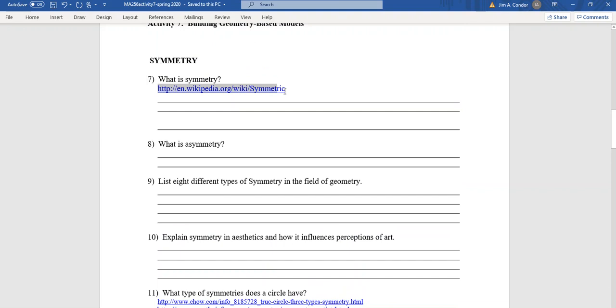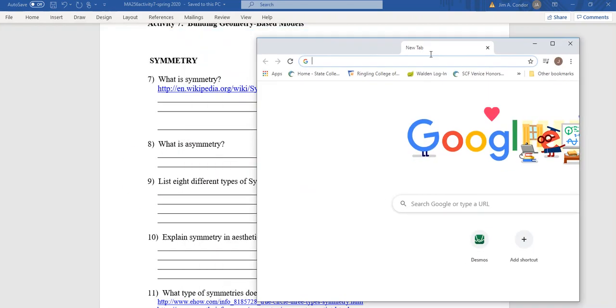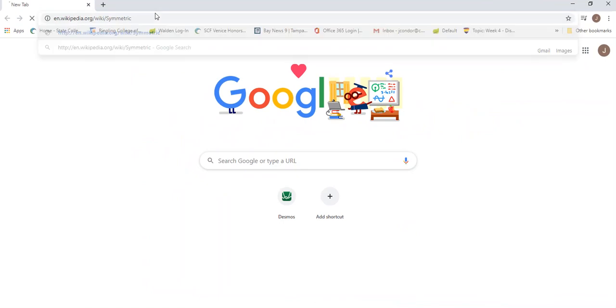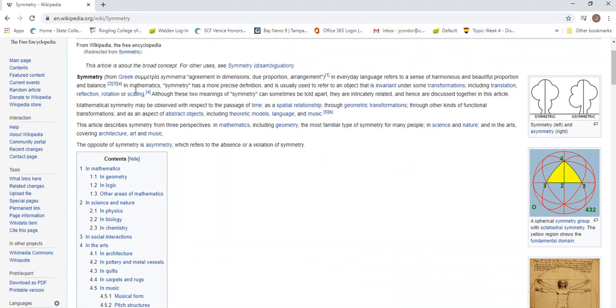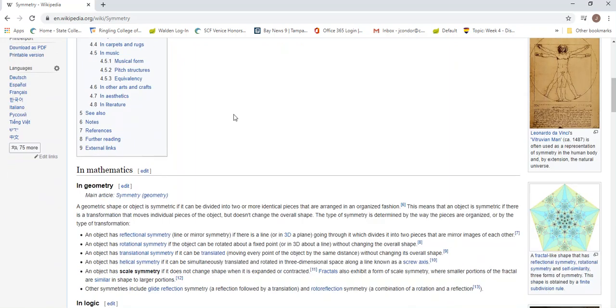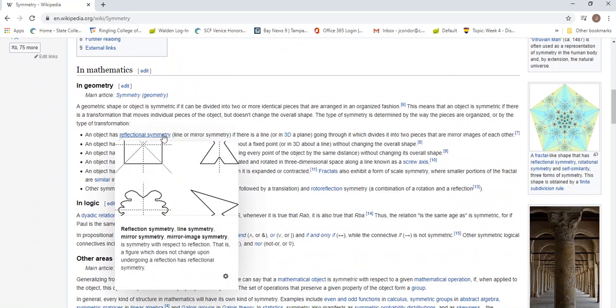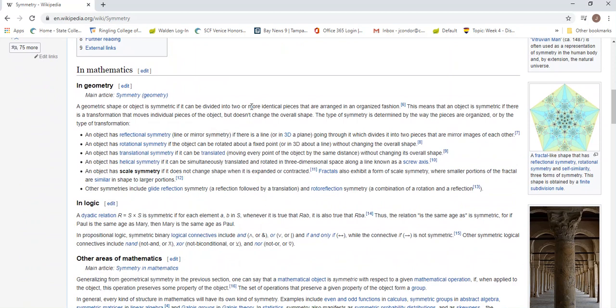So let's go back to here. And in mathematics, if we go down, here we'll see some of those. There's what they call reflectional symmetry, and that's reflection about an x-axis, a y-axis, or it could be about the origin.